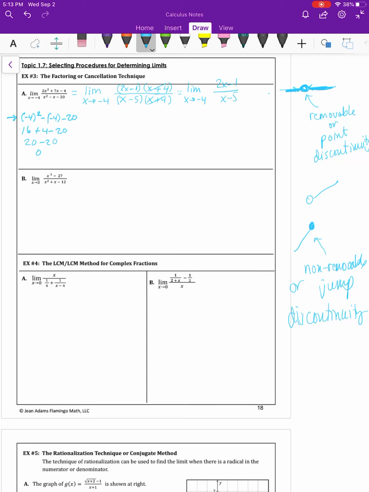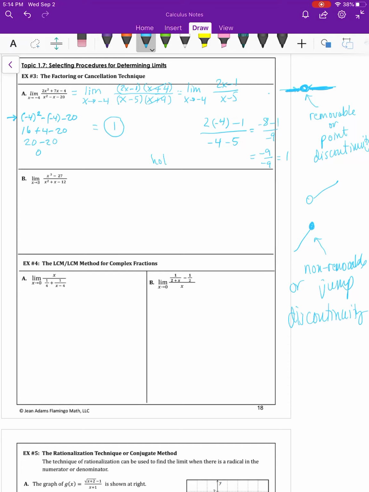So now I'm going to use substitution to calculate what the limit will be. Negative 8 minus 1 over negative 9. So negative 9 over negative 9 will be positive 1. So that means positive 1 is the answer to my limit.